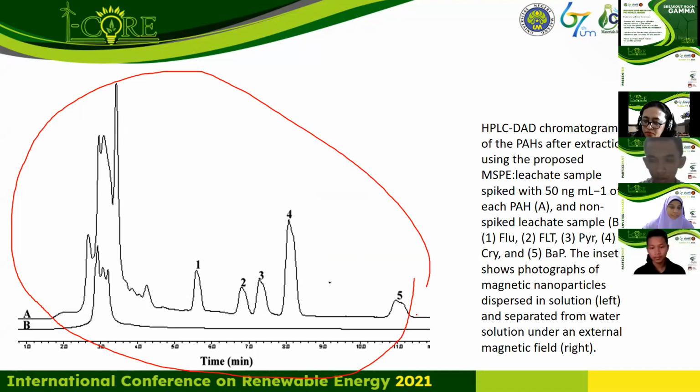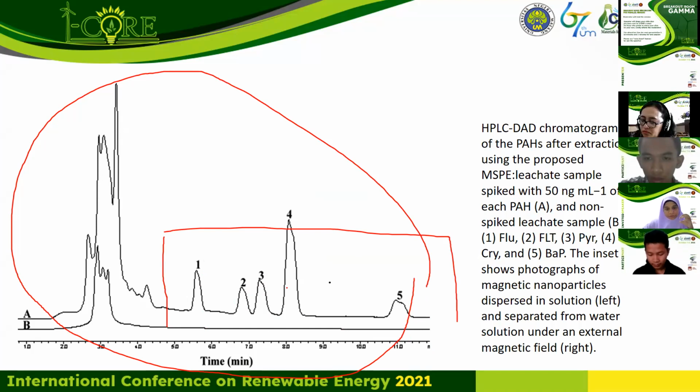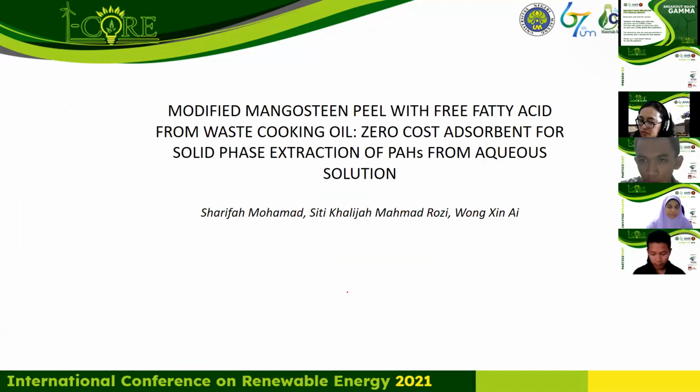You can see that even though it is a leachate sample, when we pass it through our material, it can produce a very nice peak, with no interference in the particular region that we want to detect. So when we start with polycyclic aromatic hydrocarbons, we can see that a very nice chromatogram can be obtained from this material.